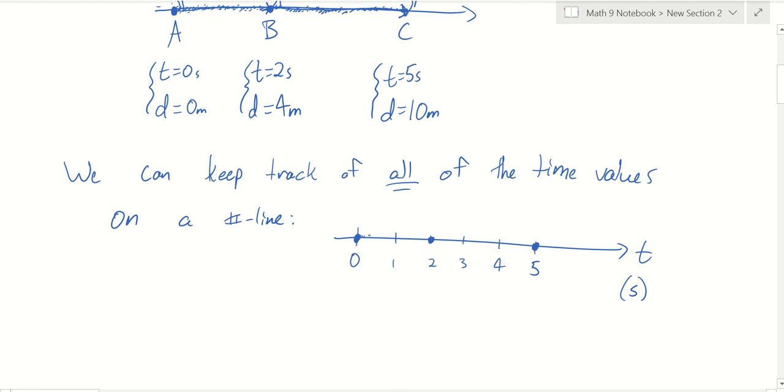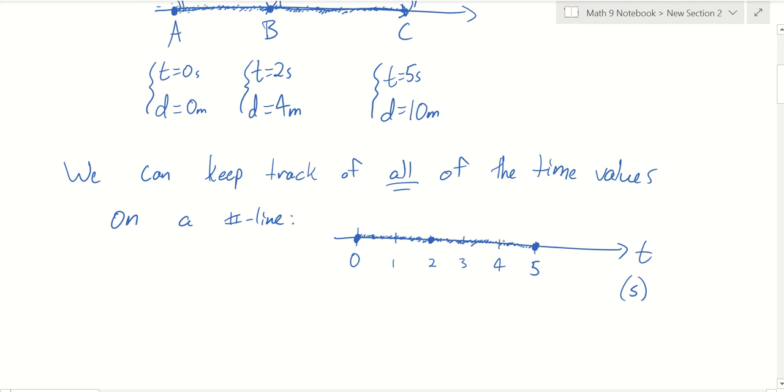And of course, to go from t equals 0 to t equals 2, we have to travel through all of the values in between. And to get from t equals 2 to t equals 5, we have to travel in time through all of these continuous values.